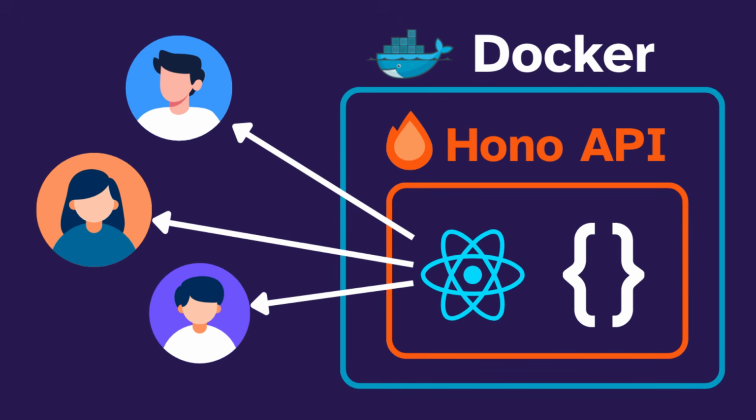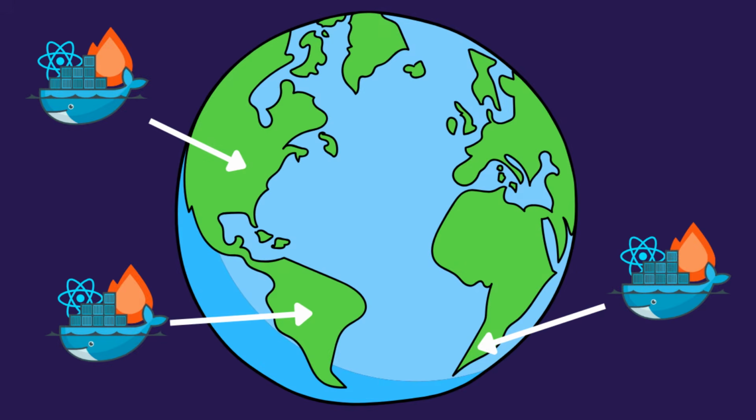The Hono REST API will then be able to serve those static frontend files in addition to the JSON data endpoints. The Docker container with all of our code will then run on a virtual machine owned by fly.io. And this design can scale up because we can easily replicate more Docker containers across fly.io's virtual machines in different geographic regions in order to reach all of our users.